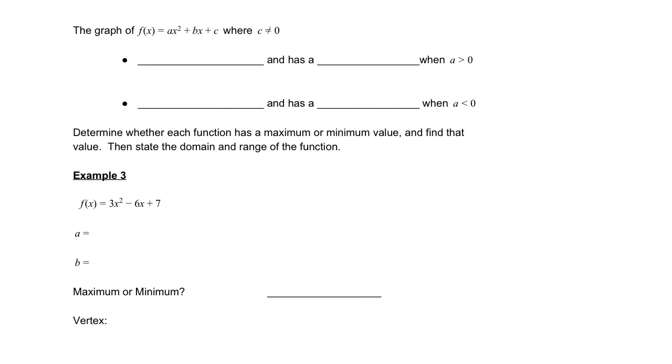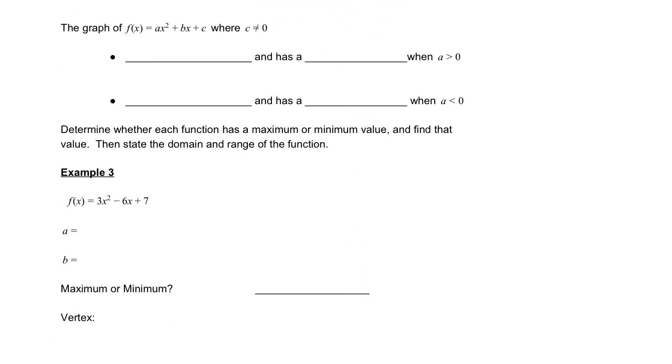Moving on down. All right, next we're talking about the graphs and what they mean. So we have a graph of a parabola here, and we want to look at when a is greater than 0. That means our parabola opens up, like the first example, and has a minimum value.